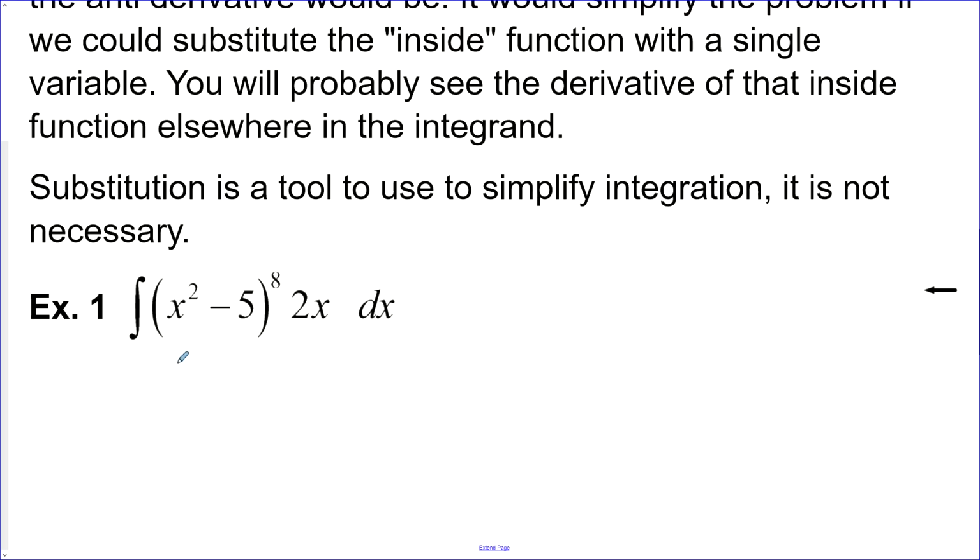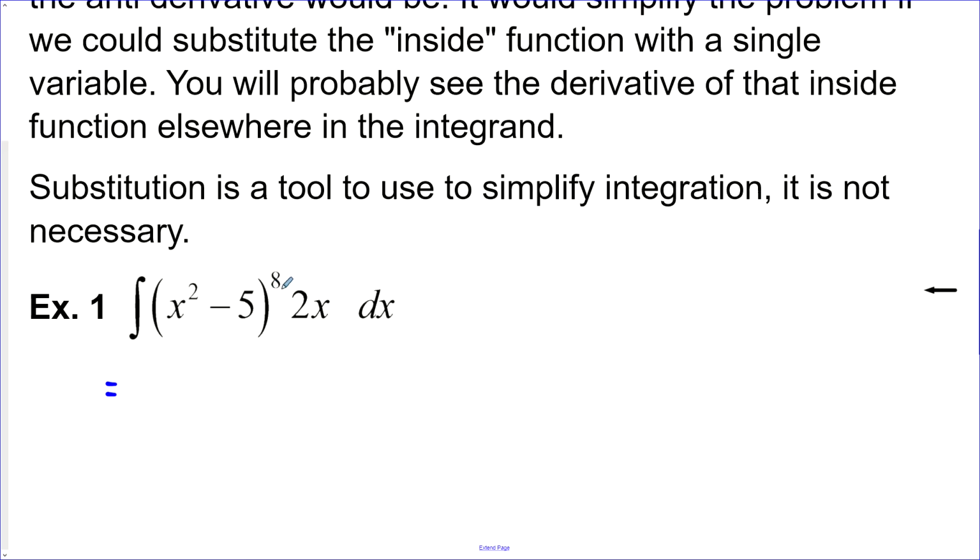We want to find the indefinite integral of (x squared minus 5) to the power of 8 times 2x. And you can see that this inside function here, if we took the derivative of x squared minus 5, we would get the 2x. So I can figure out the antiderivative of this.